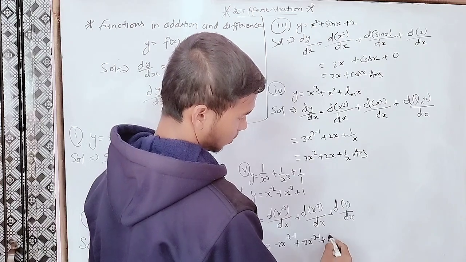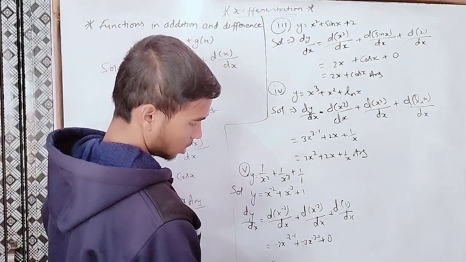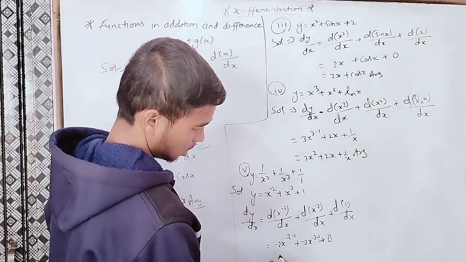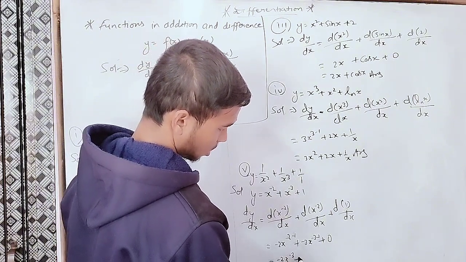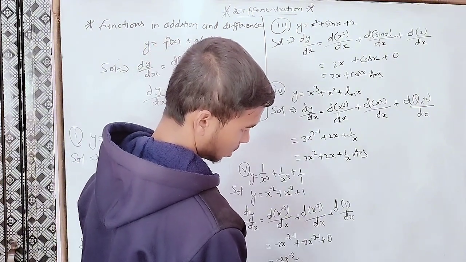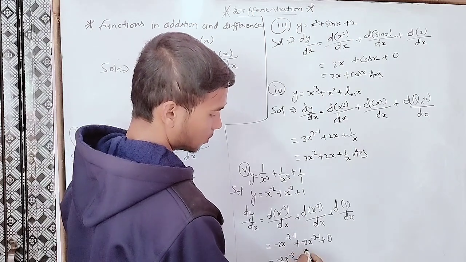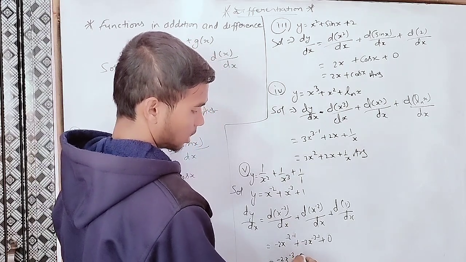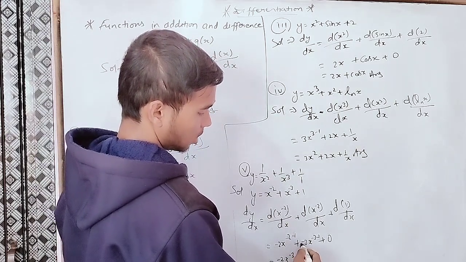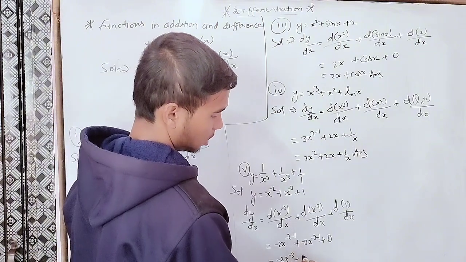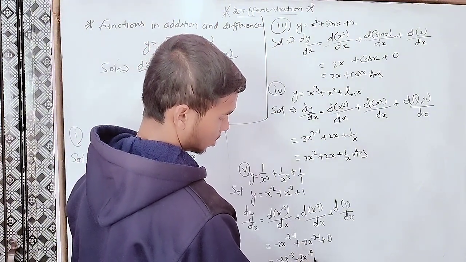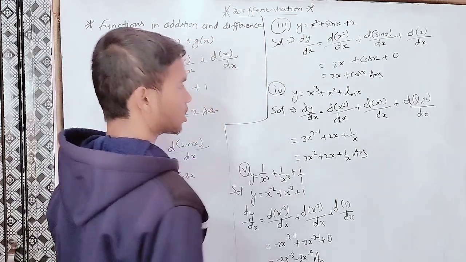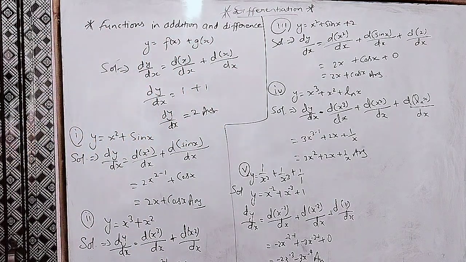Then we have 0. Like that, minus 2x to the minus 3, then minus 3x to the minus 4. This is the answer.